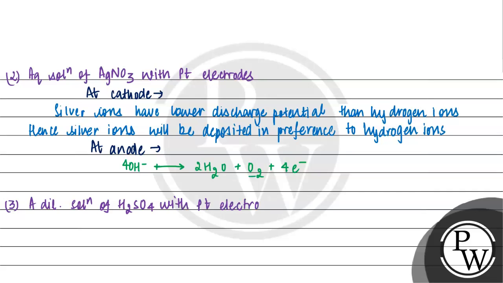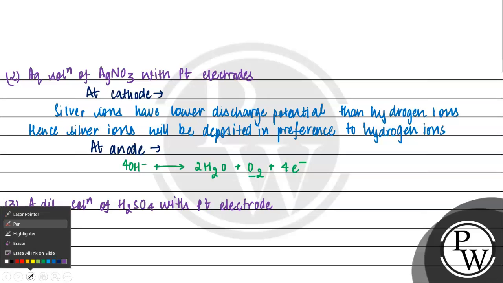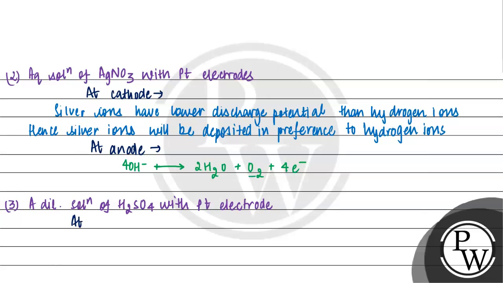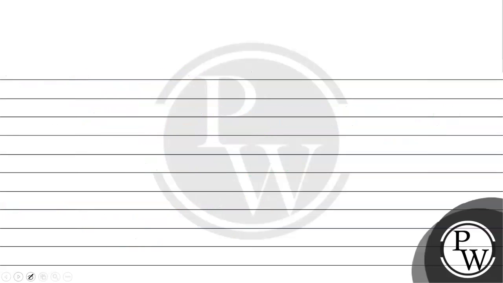Now, if we see the reactions which are occurring at cathode and anode respectively, तो at cathode जो हमारी reaction हो रही है, it is 2H plus 2 electrons are giving H2 in gaseous state, and at anode the reaction which is taking place is 4 OH negative ions gives 2H2O plus O2 plus 4 electrons.